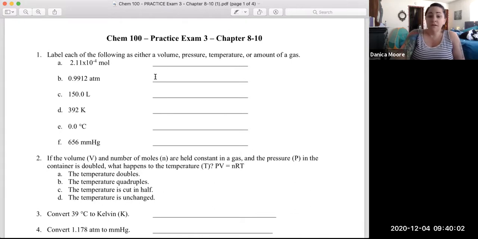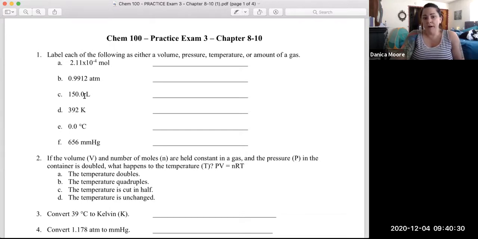It could be density, molarity, molar mass, pretty much any unit, okay? So you should be able to look at a quantity and know what the unit is. Does that make sense? Cool. Any questions about that?